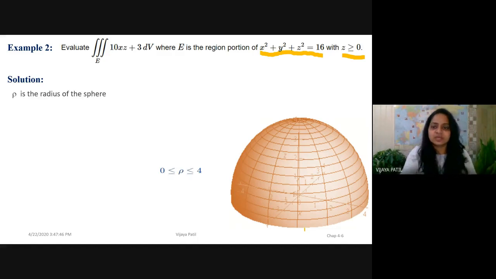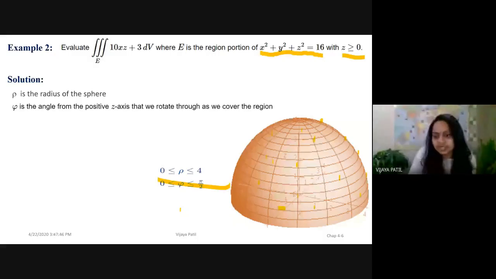Rho is the radius of the sphere, and every point would be a point over the surface, so rho goes from 0 to 4. Then phi goes from 0 to pi by 2, because this is in the first octant. Suppose this is a point P over here, and this is the position vector connecting it to the origin.